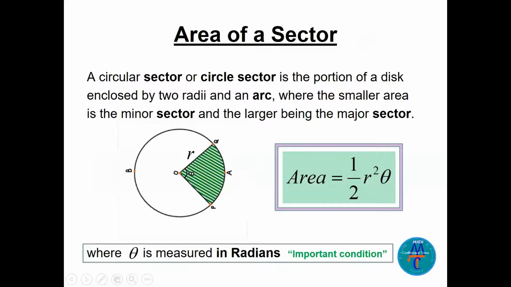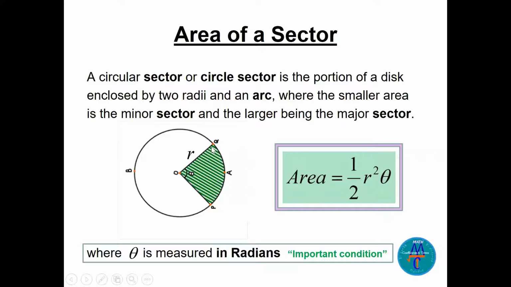Now, this is a nice slide actually. We need the area of a sector. This is a sector here. Like when you eat pizza, this is a piece of a pizza, this one here. Remember the area for the whole circle I mentioned before, pi r squared.